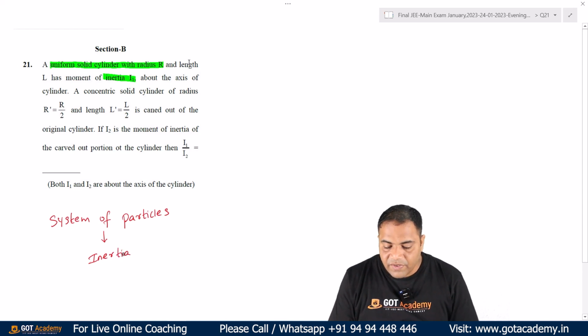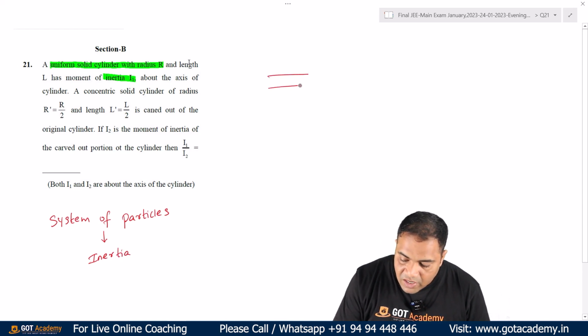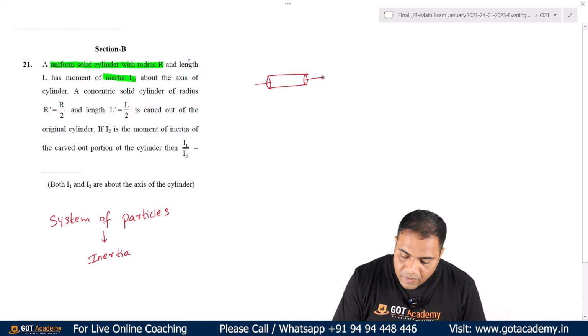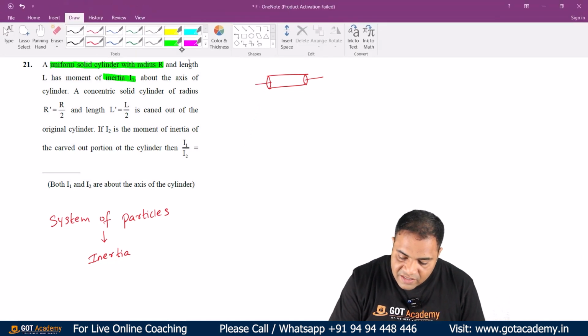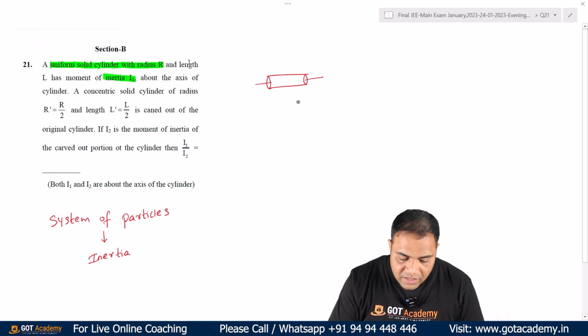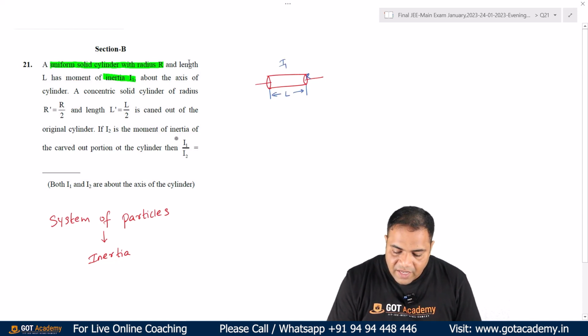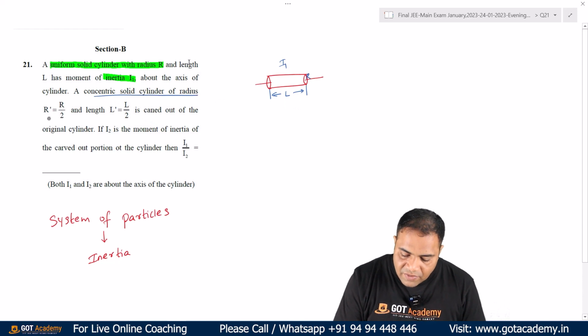So, let us take a solid cylinder like this. What he is saying is that it is of radius r, and length is L. So, in first case radius is r and length is L. Inertia is I1. In the next case, there is a concentric cylinder of radius r by 2.